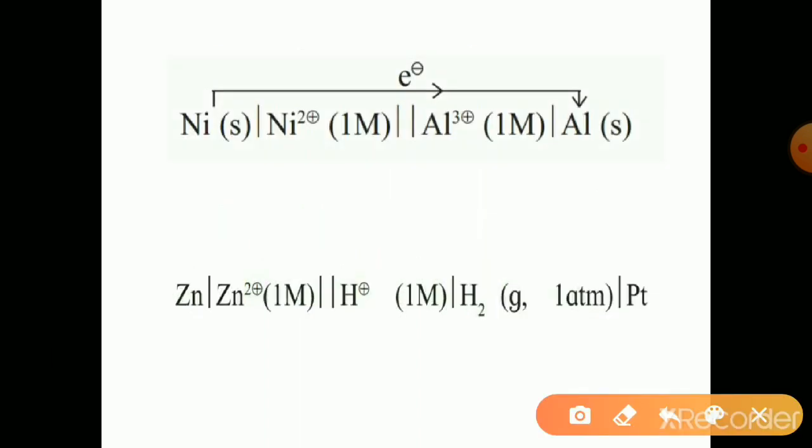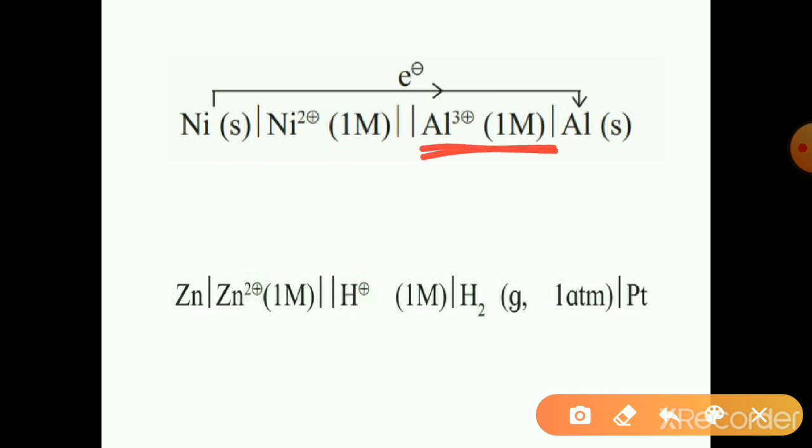See another cell representation here. Nickel is in contact with the nickel ions solution, and the concentration of the nickel ion solution is 1 molar, which is shown in the bracket. These two are connected with the salt bridge.